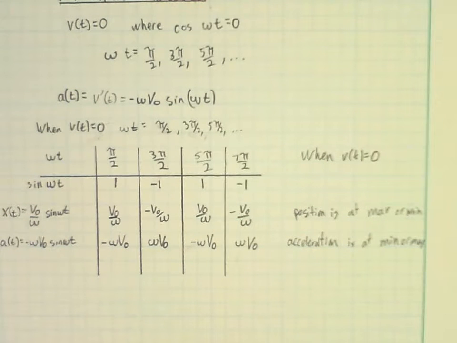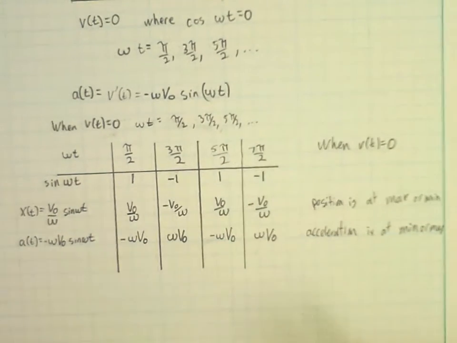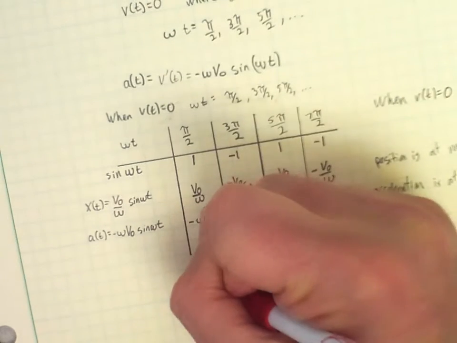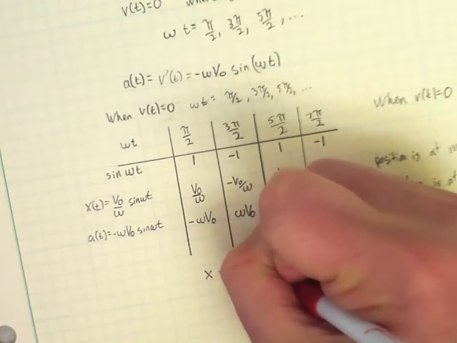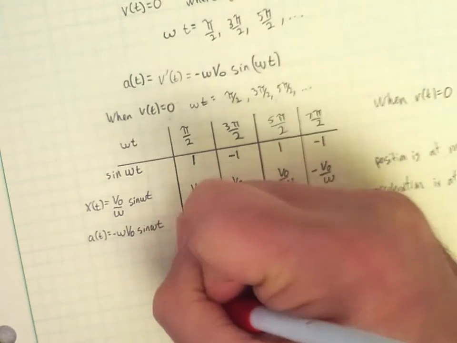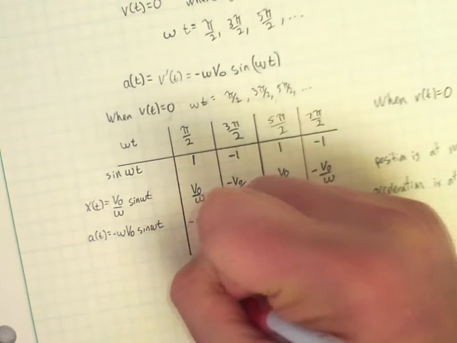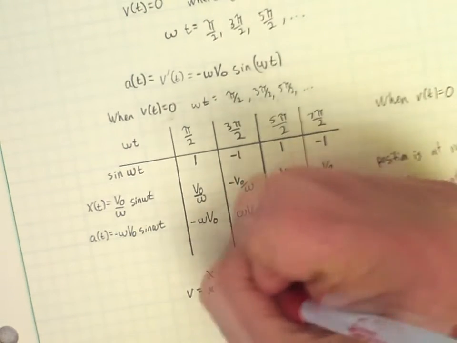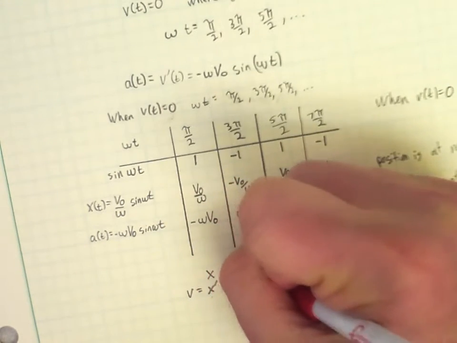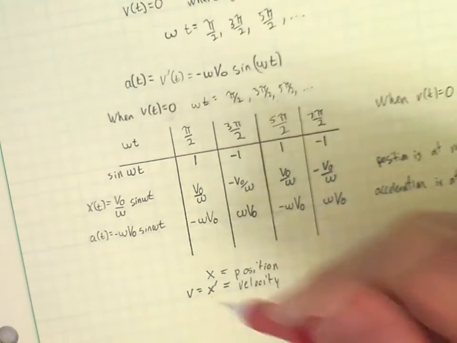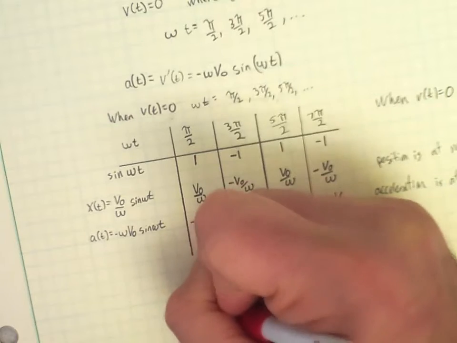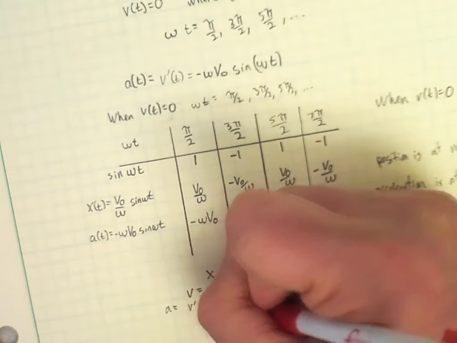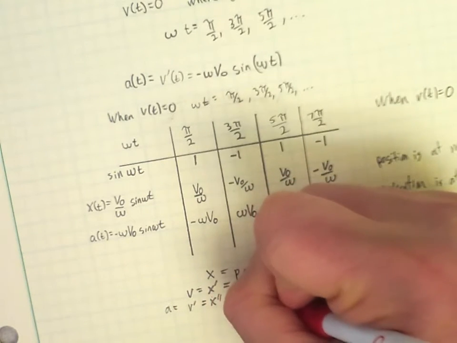The other quick comment to slide in there: if x is position, v, which is the first derivative, is velocity. A, which is the derivative of velocity, the second derivative of position, is called acceleration.